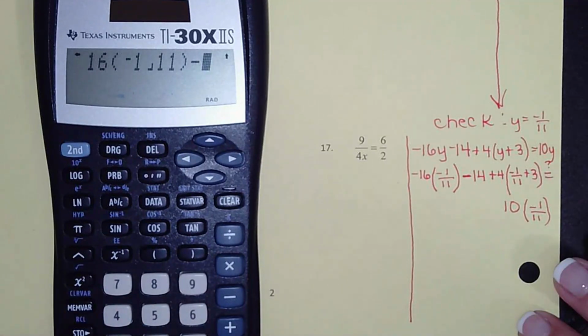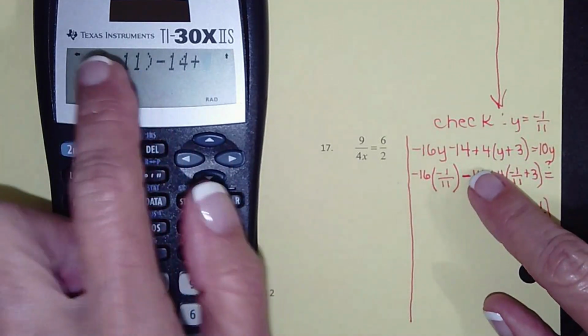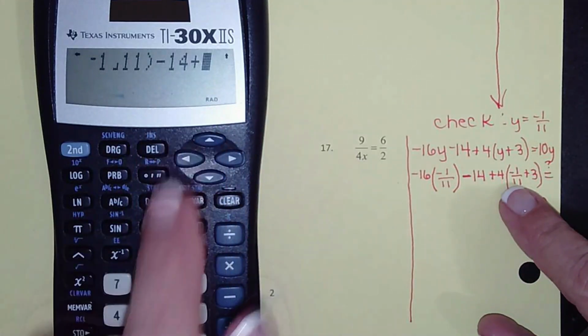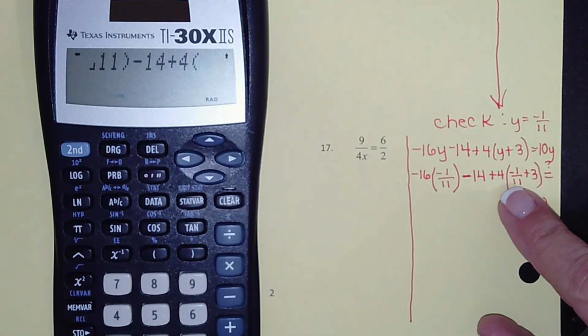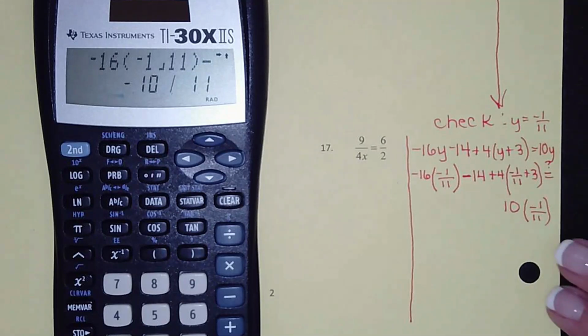Subtract 14 plus, and I'm looking at my calculator screen the whole time I'm typing this to make sure I'm getting it in right. 4 parentheses, negative at the bottom of the calculator, 1 fraction bar 11, plus 3, close your parentheses. And that gives me negative 10/11.